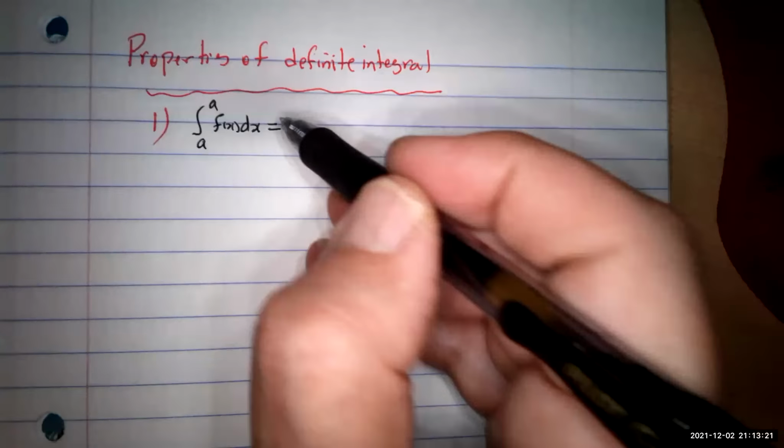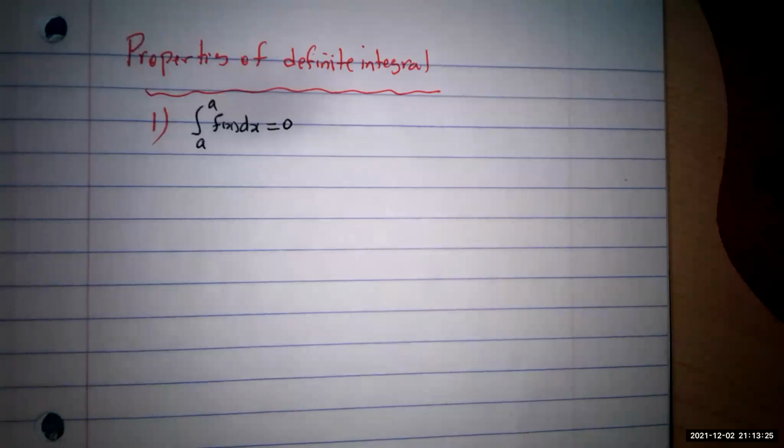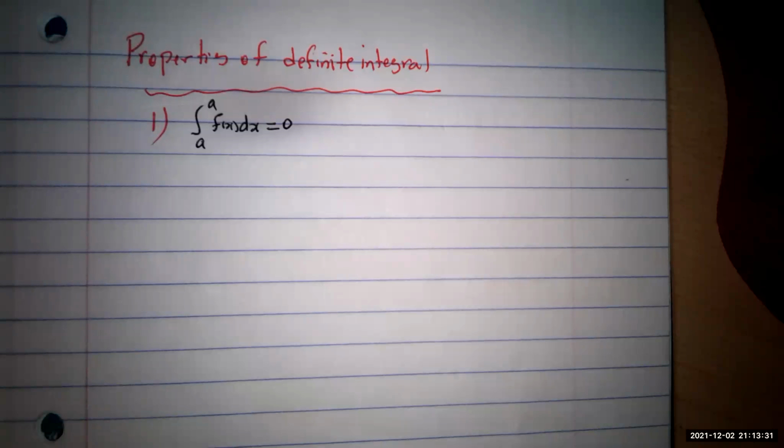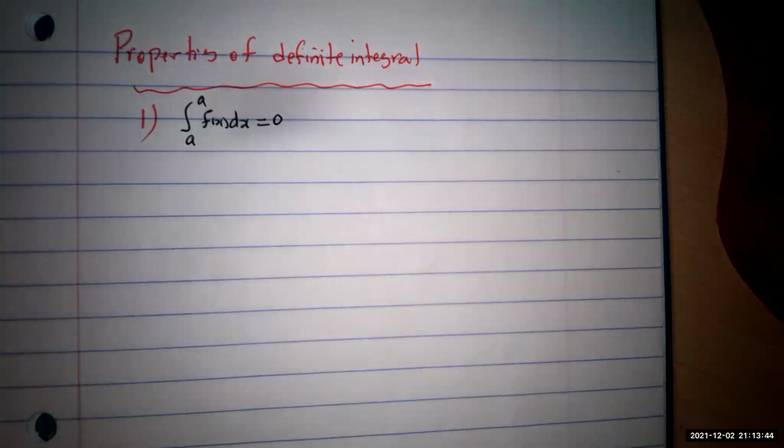So in this case, this would be equal to 0. It would be useful in some applications to know it. So it doesn't matter what function you have, integral from a to a of f of x dx is equal to 0, because the numbers are the same. So you're not going to create any region. Okay, this is one observation.